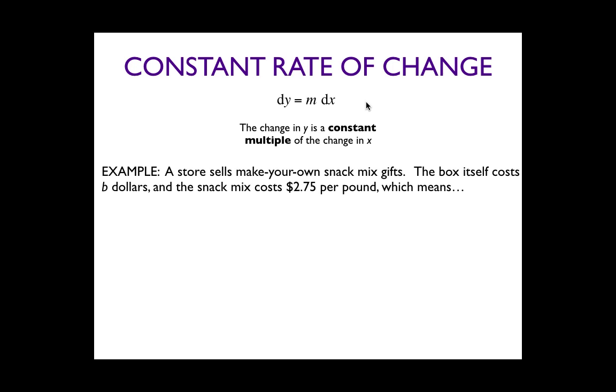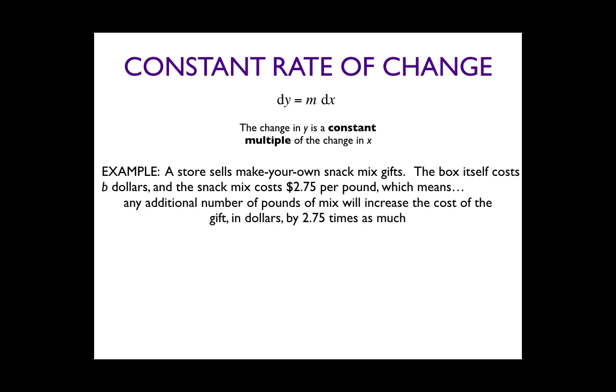So snack mix costs $2.75 per pound, which means that's a rate statement, $2.75 per pound, which means if I were to increase the weight of the snack mix that I buy, the cost is going to increase by 2.75 times as much, right?